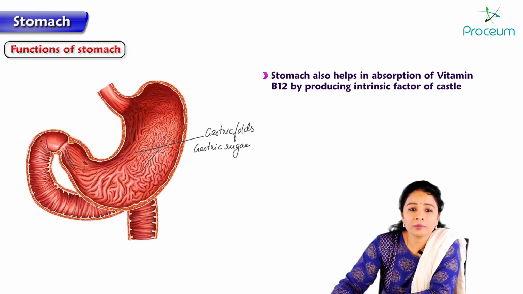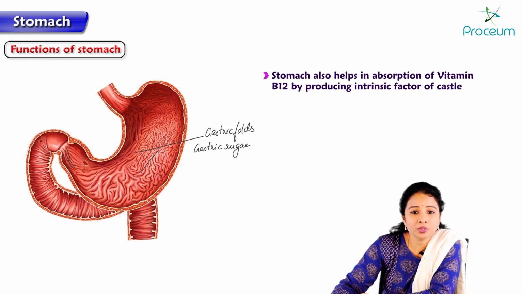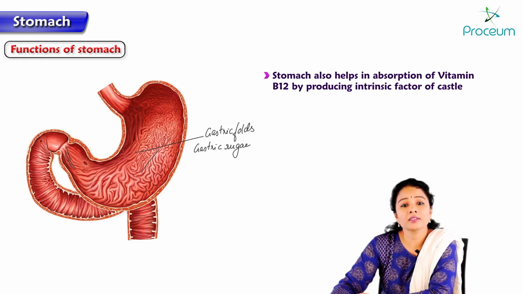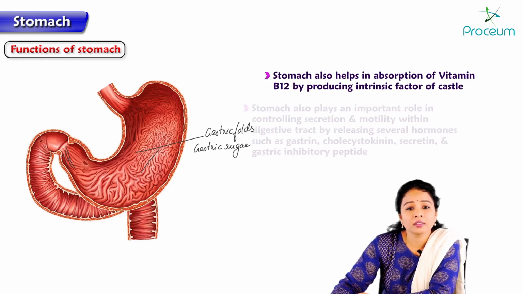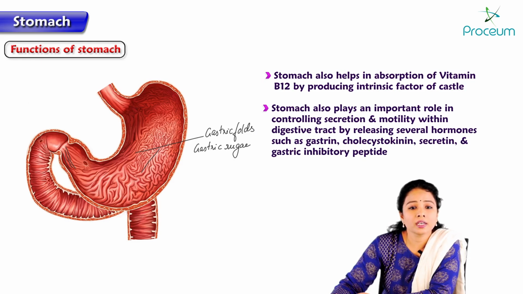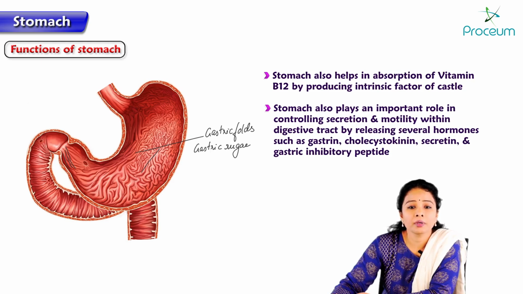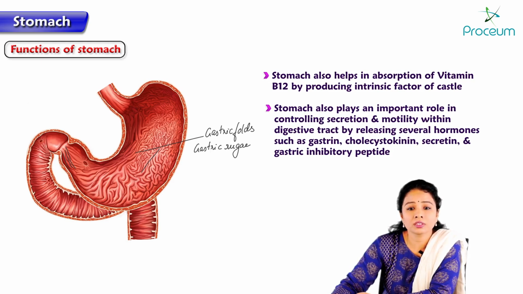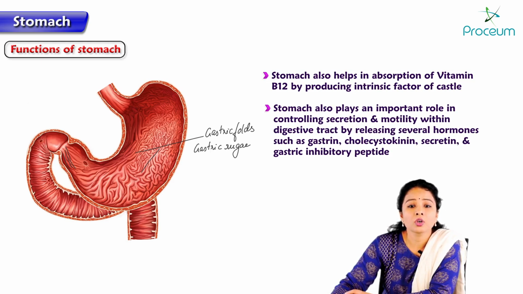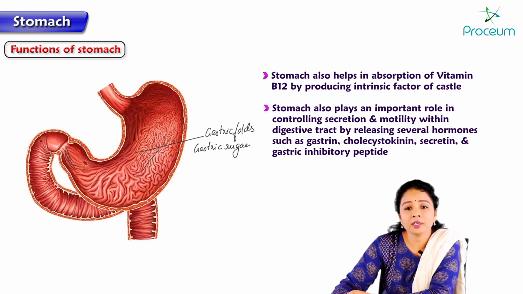Stomach also helps in absorption of vitamin B12 by producing intrinsic factor of Castle. The stomach also plays an important role in controlling secretion and motility within the digestive tract by releasing several hormones such as gastrin, motilin, secretin, and gastric inhibitory peptide.